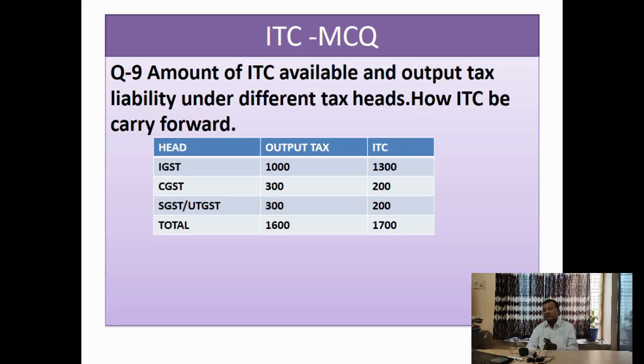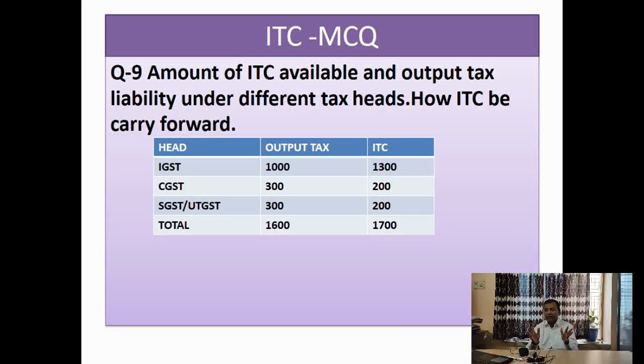But if somebody asks you what will be carried forward, then IGST can be carried forward. If you take it another way, the alternative way, the ITC of IGST is first adjusted, then 300 is adjusted with CGST, then ITC of CGST will be adjusted, and CGST's 100 will again be carried forward.